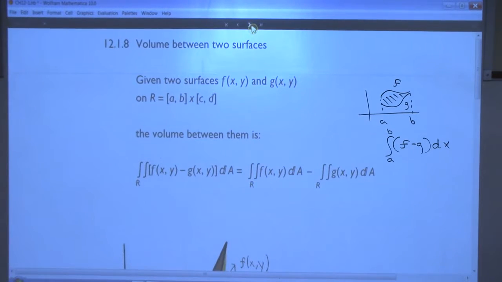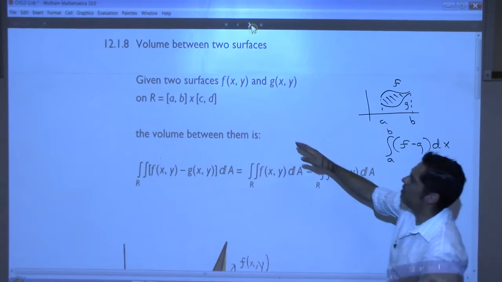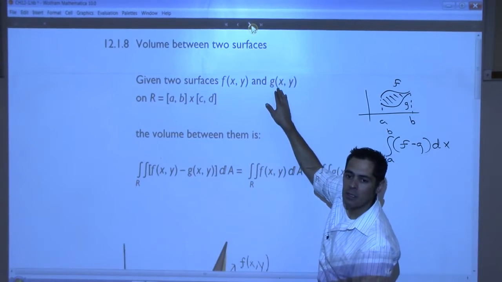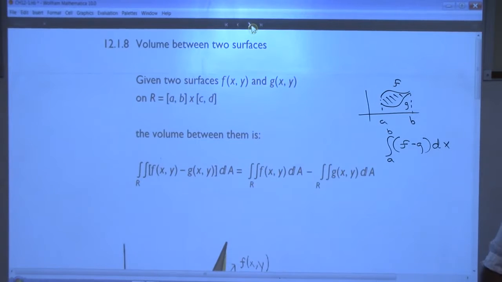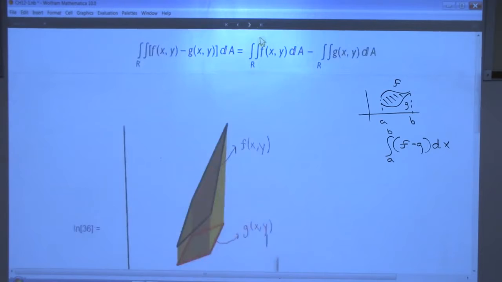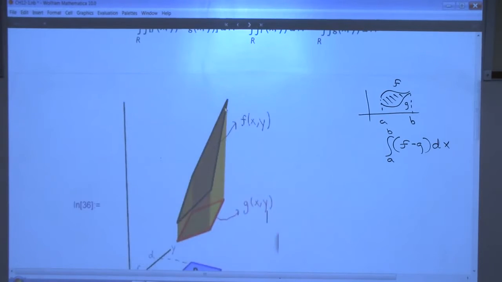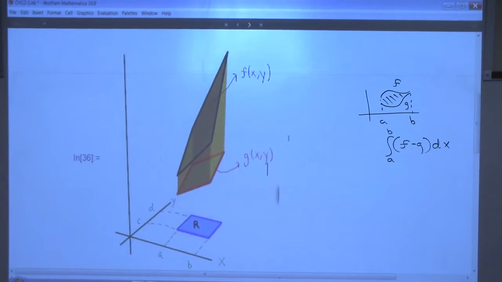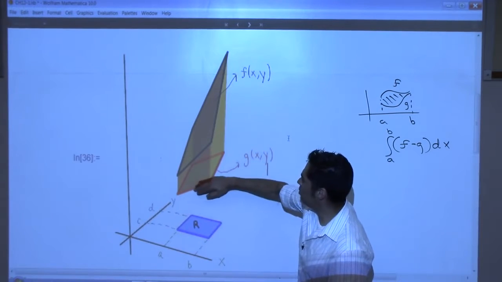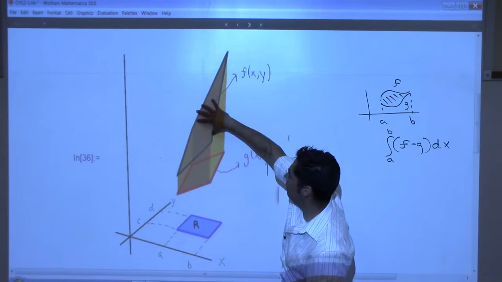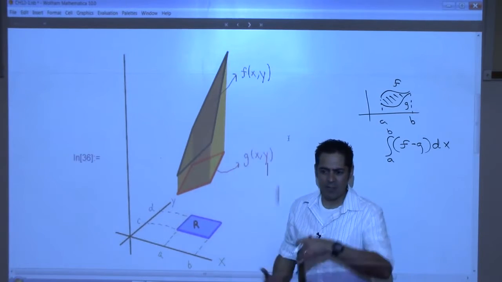That'll be the difference in the volumes. Now this is assuming here that f was bigger than g. If g was bigger than f, then you would get a negative volume as an answer. Here's the picture of that. I think this is a pretty good picture. You've got the domain on the ground. You've got surface g, which is below surface f. And so you're trying to find the volume between those two.